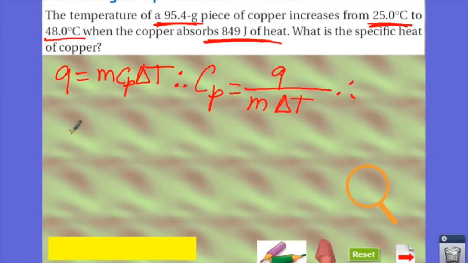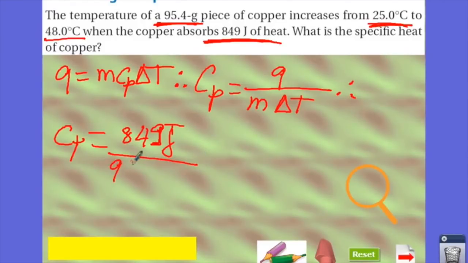Therefore, my specific heat equals the heat, which is 849 joules, the unit for heat, over my mass, which is 95.4 grams, times the change in temperature, which is my final temperature, 48 minus 25.